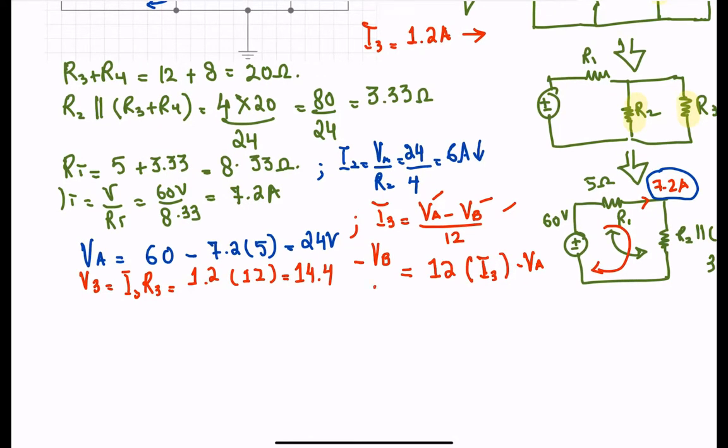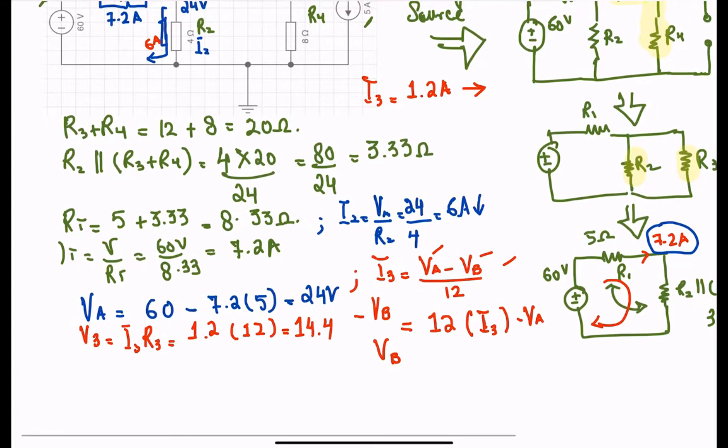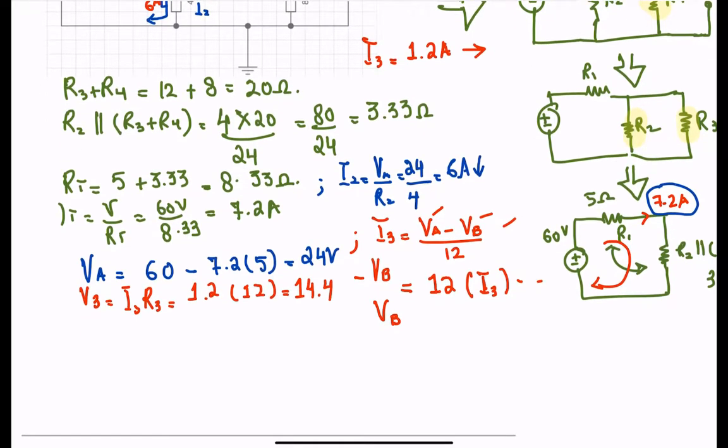So if I rearrange it and do the math, I can put the value of VA here. VA was 24, right? So here I can write 24, and I3 here is 1.2 amps.